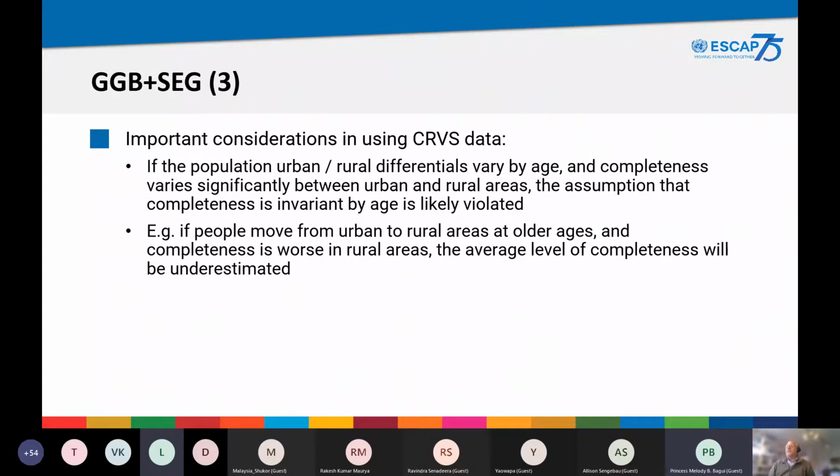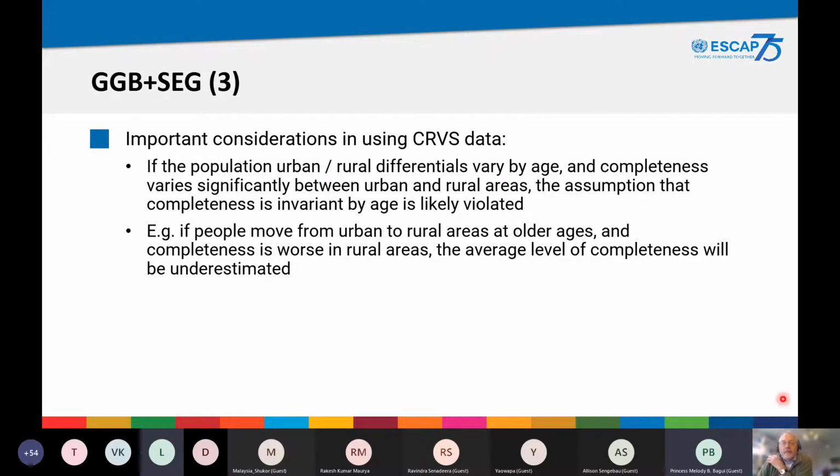Because what's going to happen is that if people move from urban to rural areas at older ages, and completeness is worse in rural areas, and because by and large deaths tend to occur at older ages, it means that we will be underestimating our level of completeness in our civil registration data. And so that does need to be borne in mind, although there's no direct mechanical way of compensating for that feature.